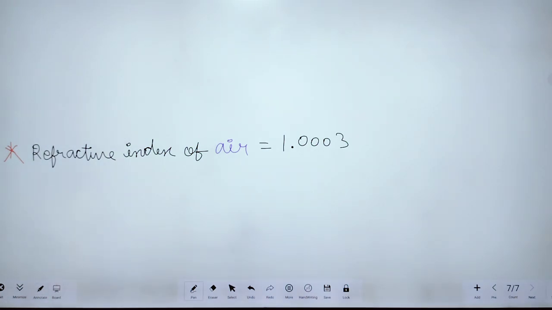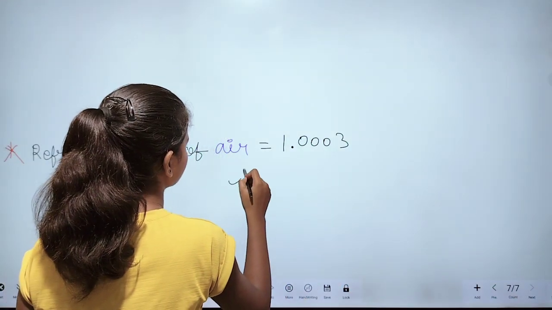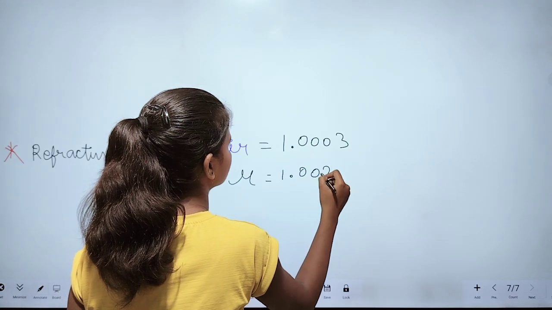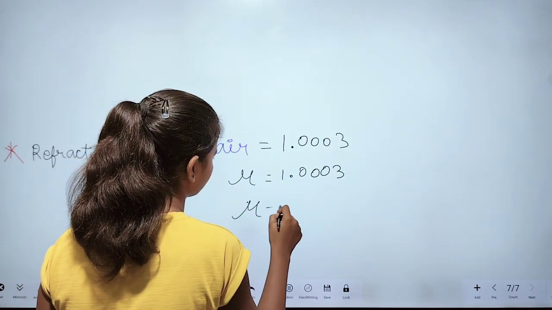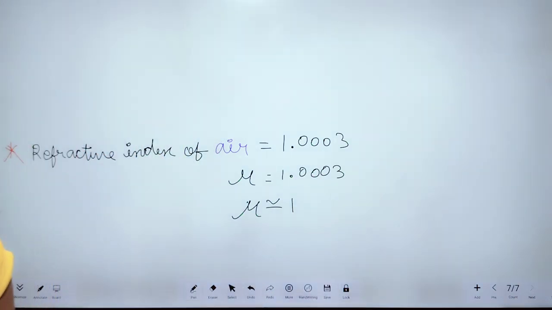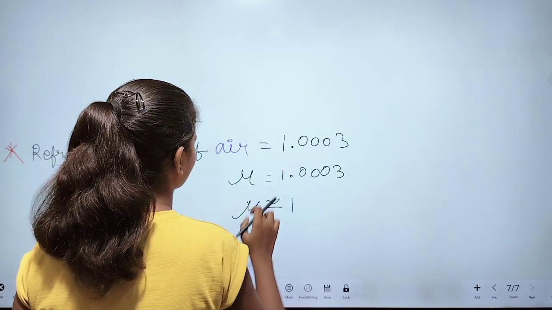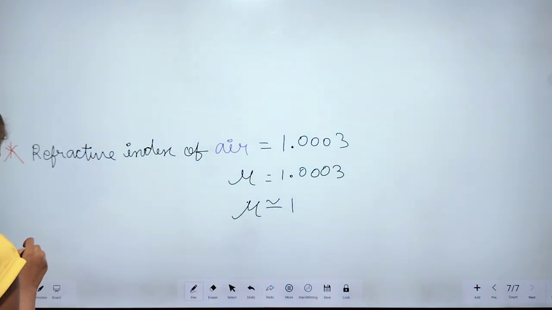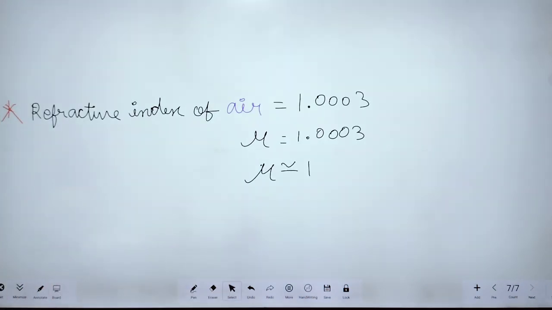Sorry, this one is refractive index of air. You can also write mu is equal to 1.0003. Here mu approximate value is 1. And the refractive index of vacuum is also 1.